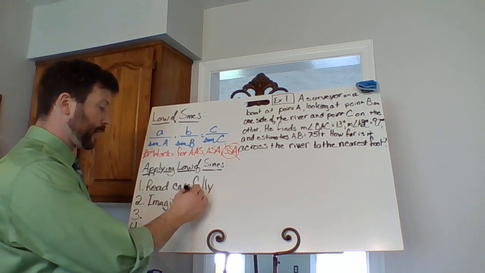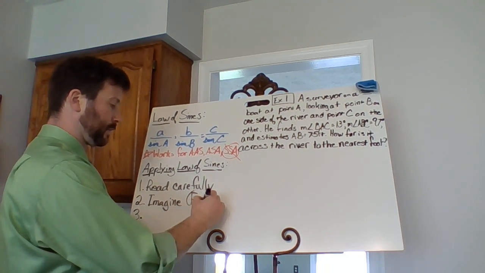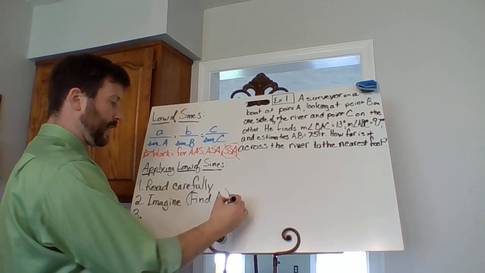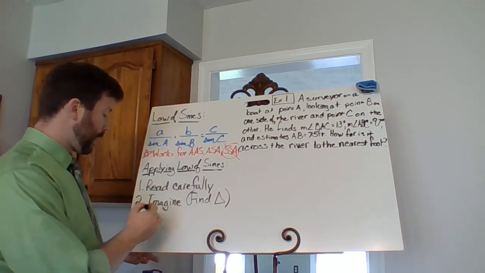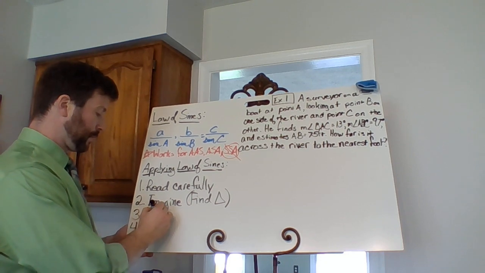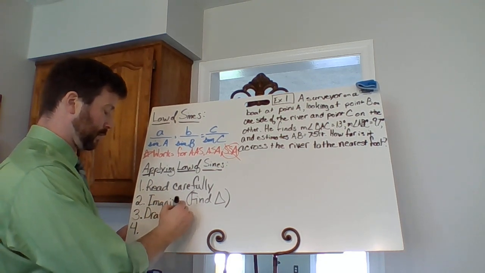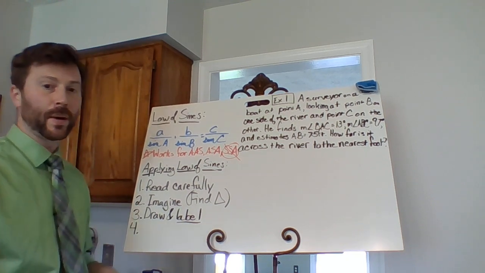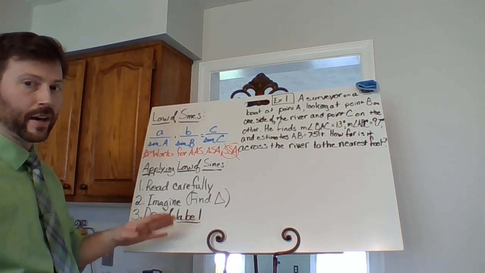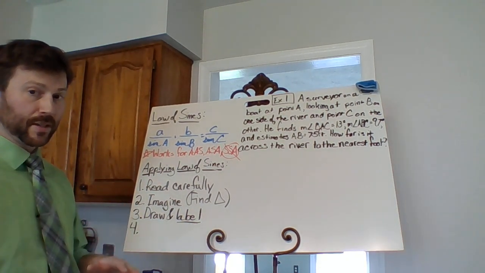Okay, find the triangle. Somewhere in that story, there's a triangle. Sometimes it's going to be a little more clear than others. Once you find that triangle, draw and label. That labeling part is super important. Label that triangle very clearly with your A's, your B's, and your C's.